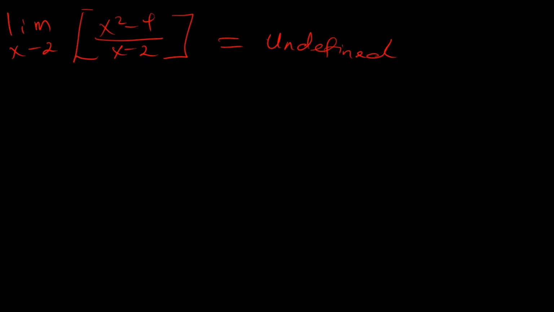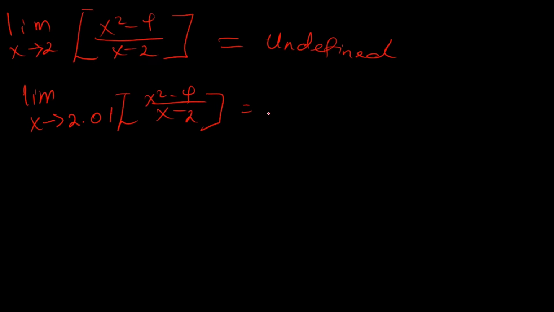And I'm saying that limits like this, you can just choose a number which is much closer to that number. So I will choose 2.01. So instead of limit as x approaches 2, I will do limit as x approaches 2.01 of the function x squared minus 4 all over x minus 2.